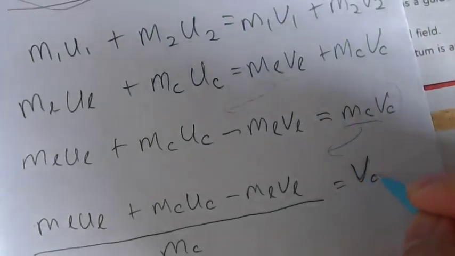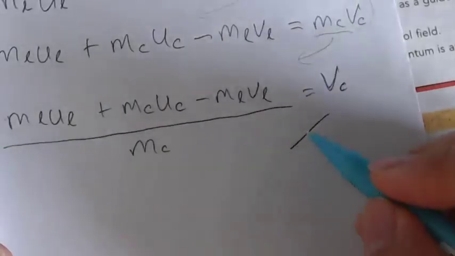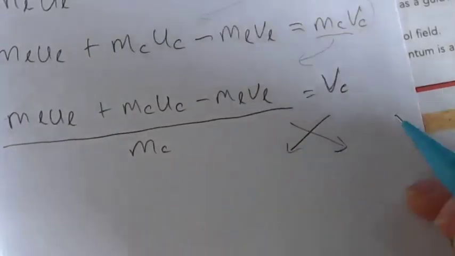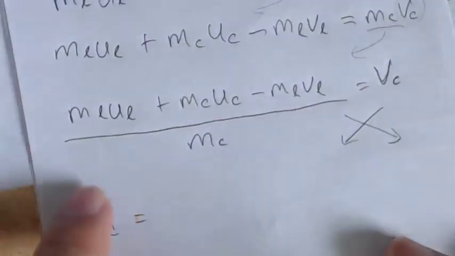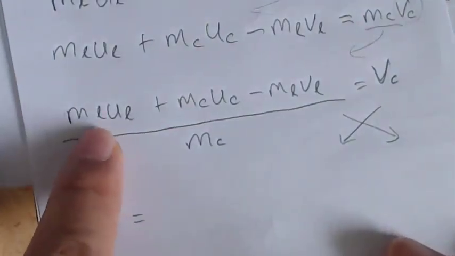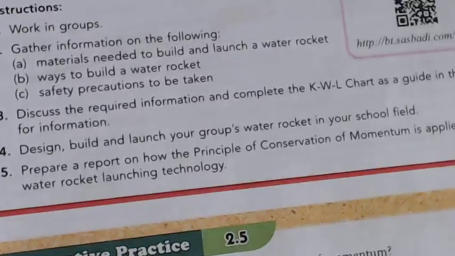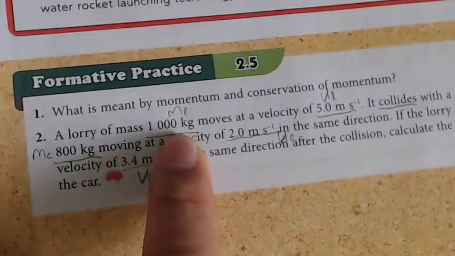What is left is VC only. You can flip this. So we have VC equal to this. This time we take a chance to substitute all the values. Where is ML? 1,000 kilogram.